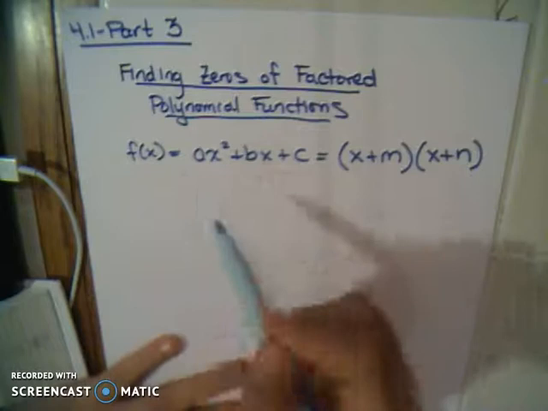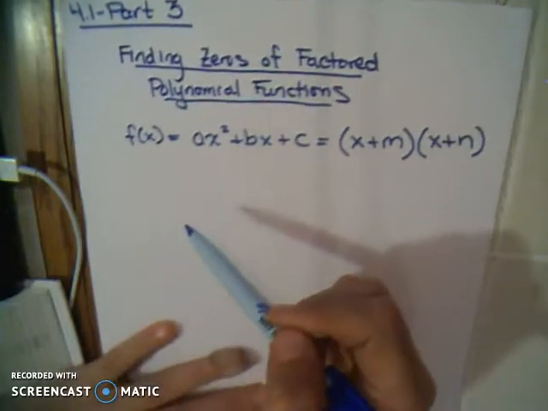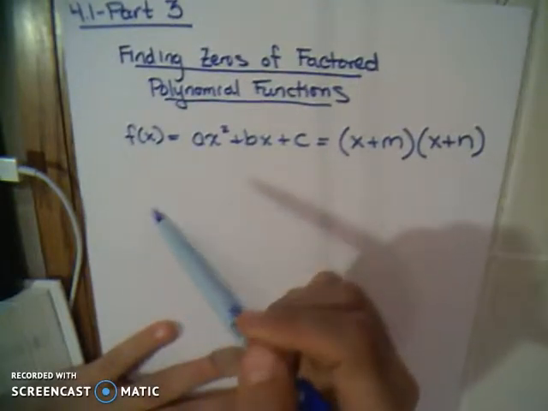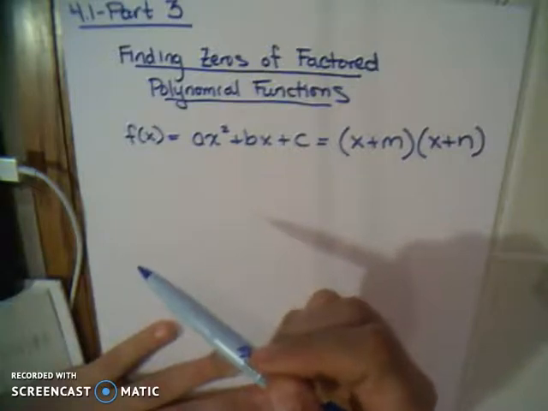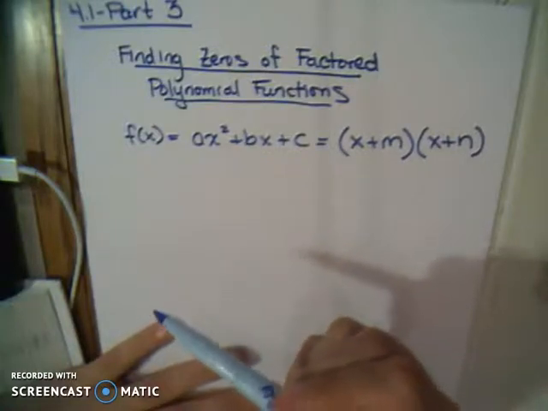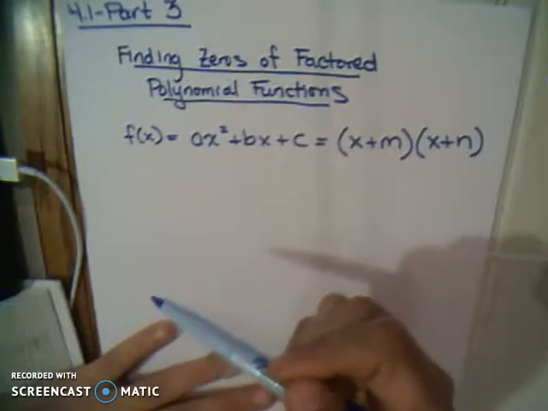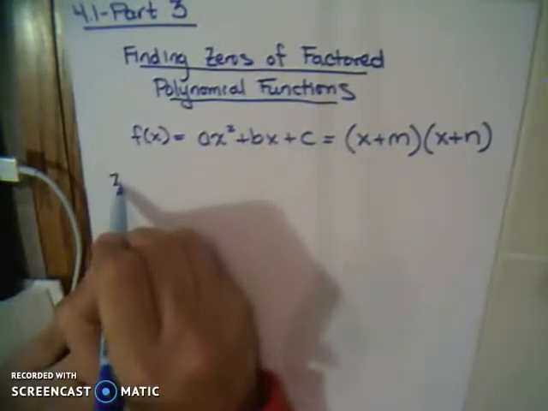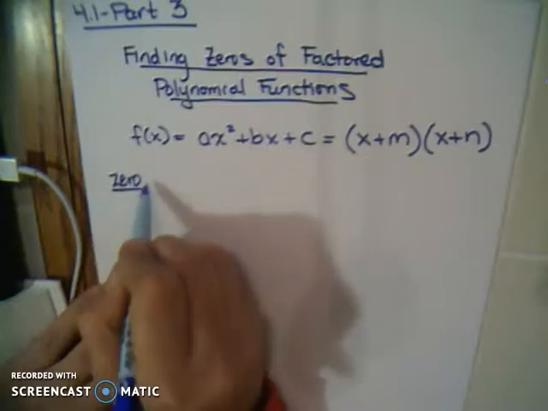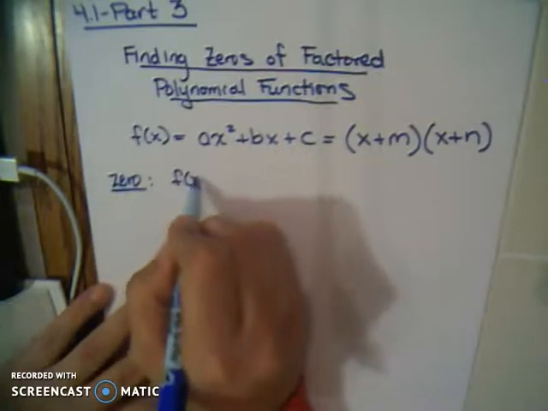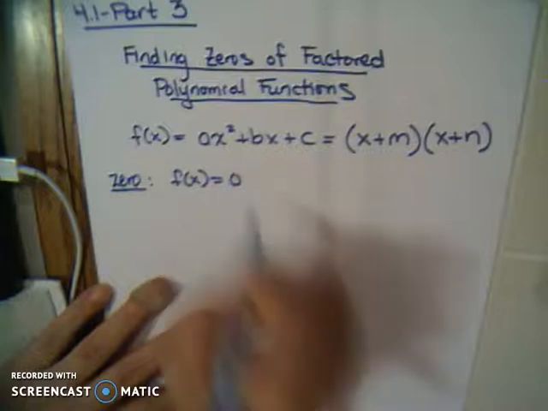There are some terms in this section that sound like they're asking you to do lots of different things, but they're really just asking you to do the same thing, but say your answer differently. So the zero of a function is any value that makes it equal 0.